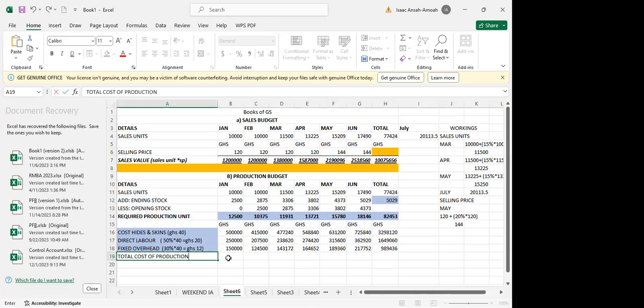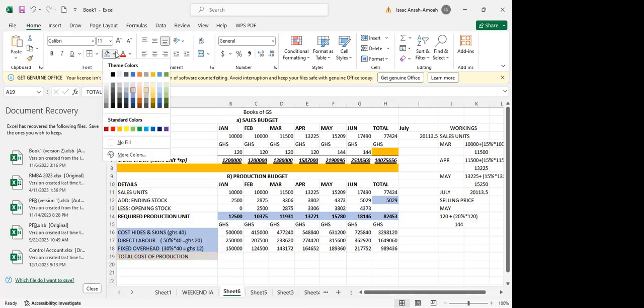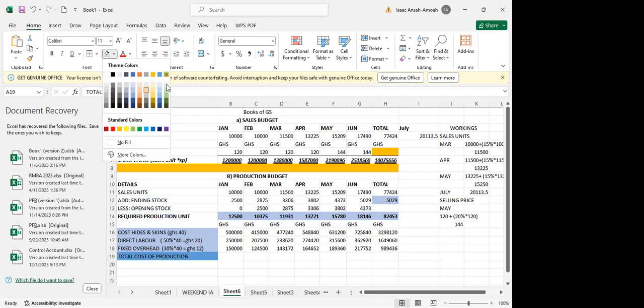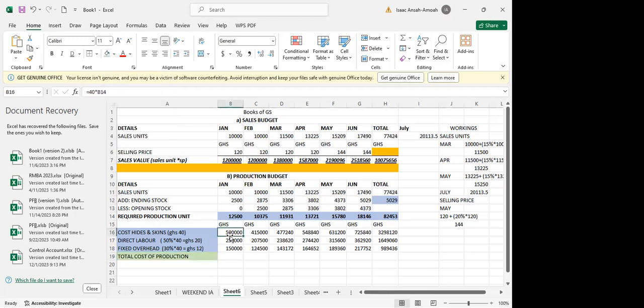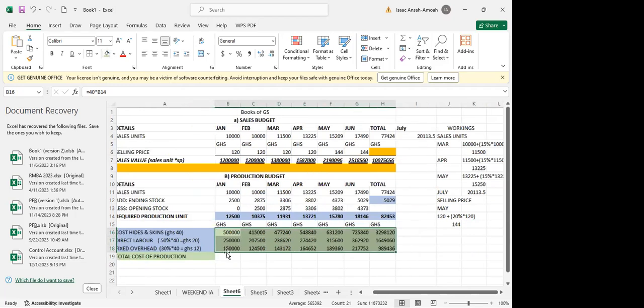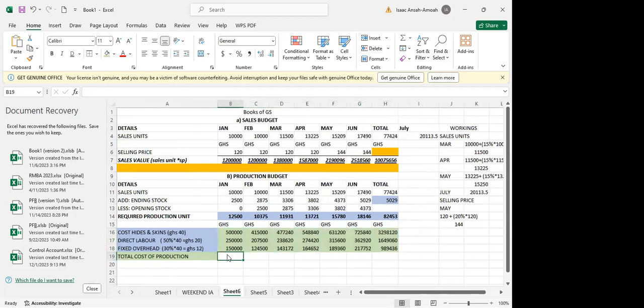So for total cost of production, I'm adding all these ones to generate my total cost of production. Right. So take note. All right. So that's my total cost of production.